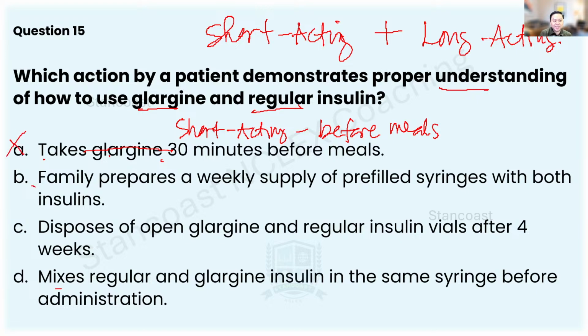If you answered letter B, family prepares a weekly supply of pre-filled syringes with both insulins, it doesn't really answer that question. They should not be mixed or stored together because this can affect the stability and also the effectiveness of each type of insulin. Again, should not be stored together. If you answered letter D, mixes regular and glargine insulin in the same syringe, no, that's not the best practice, guys.